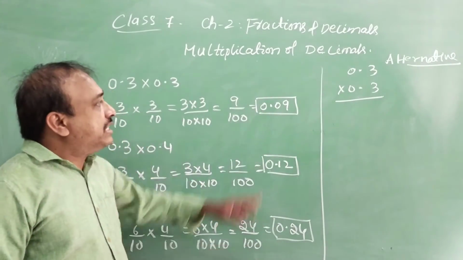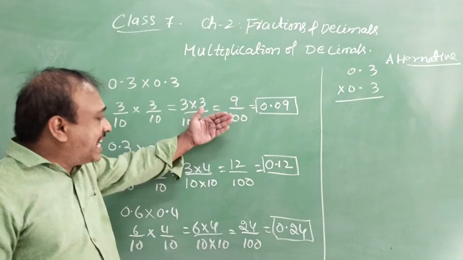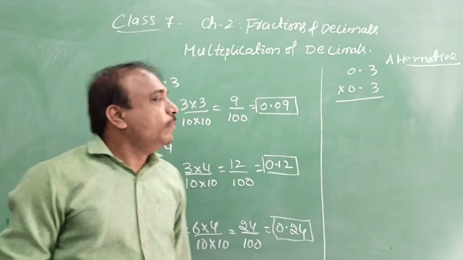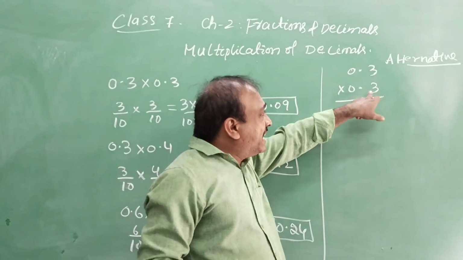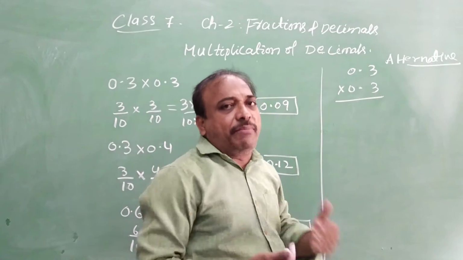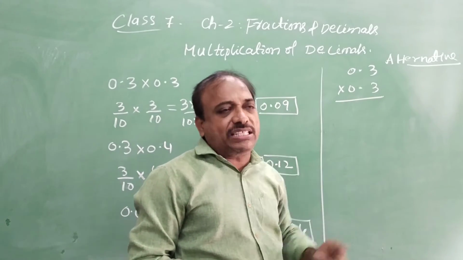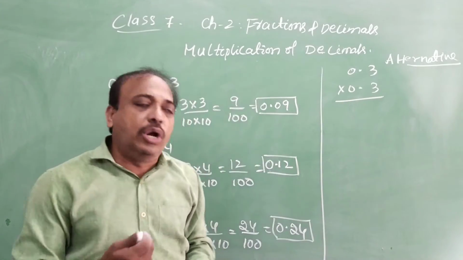In the earlier method, we converted into fraction, then we multiplied, then we converted into decimal. Here you see, just write them as a normal multiplication. Ignore the decimal, multiply them as whole numbers.